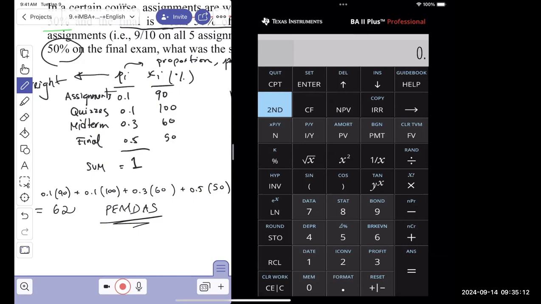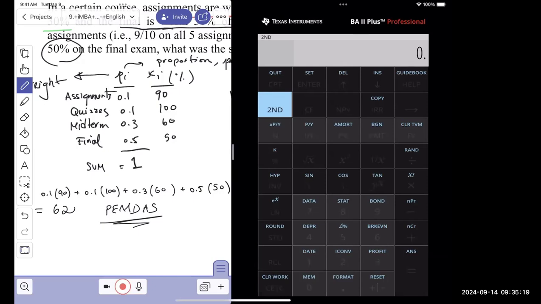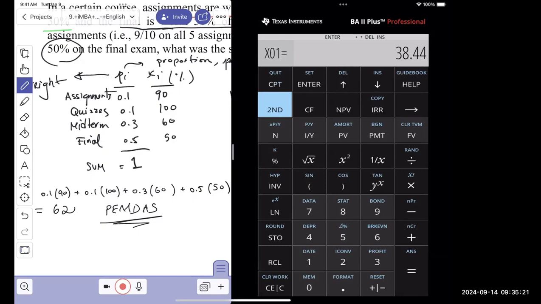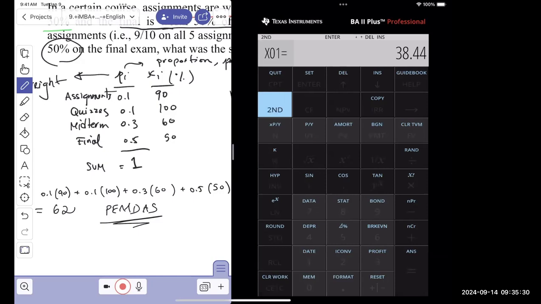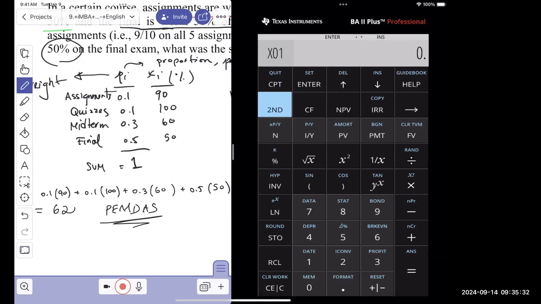so let me show you in stat mode how I put in and find the result. So second data is how I begin stat mode. We talked about this last class. Now I want to clear the worksheet because it had something inside.